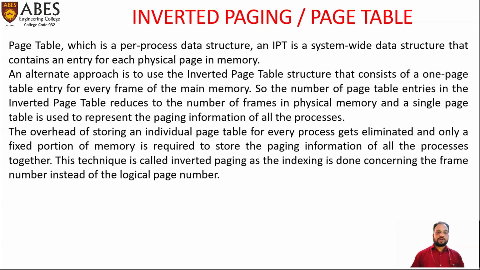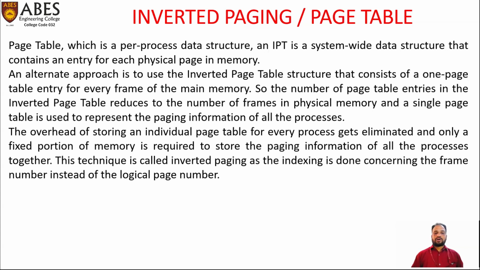So the number of page table entries in the IPT equals the number of frames in physical memory, and a single page table is used to represent the paging information of all the processes. The overhead of storing an individual page table for every process gets eliminated, and a particular fixed portion of memory is required to store the paging information.